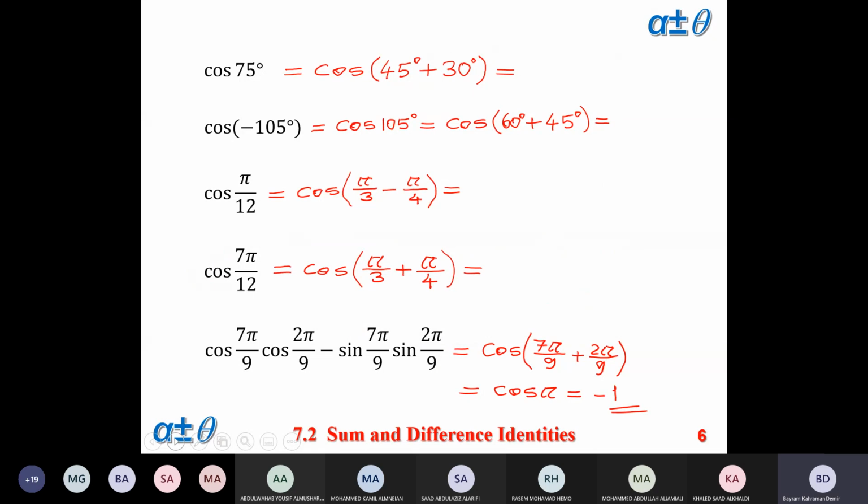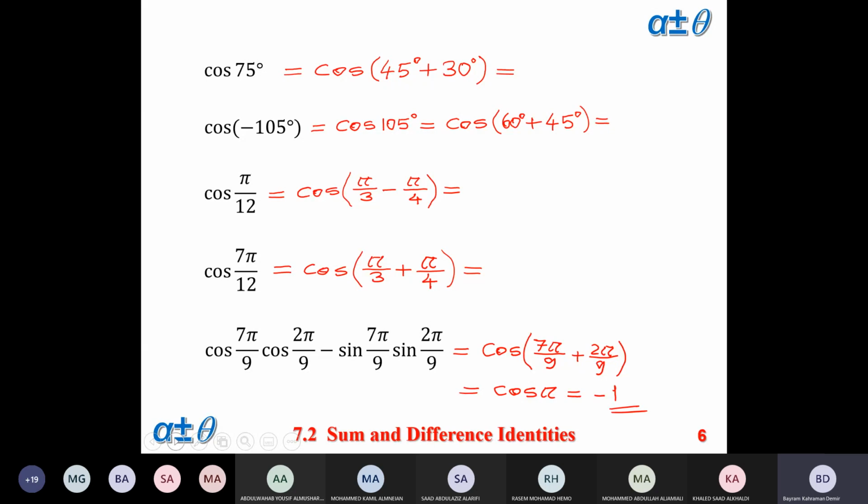Well, if somebody likes to calculate cosine of 75, how can I write 75? Well, it is a sum of 45 plus 30, of course. So you know how to use the cosine of the sum of the angles, right? So the rest is easy for you.